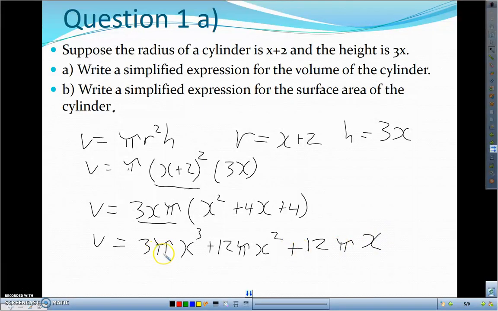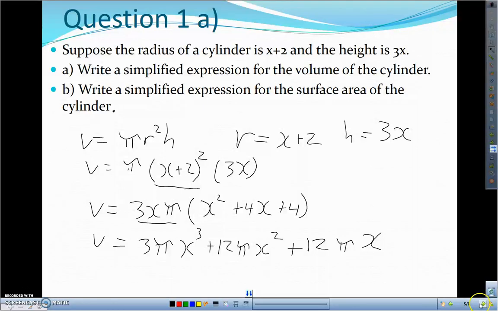And this is as far as we could go. You could argue that maybe you want to turn the pi into a number, and that would become 9 point something, 9.42 probably. But really, this is fine to leave as is because pi is a number, and this is as exact as you can get.